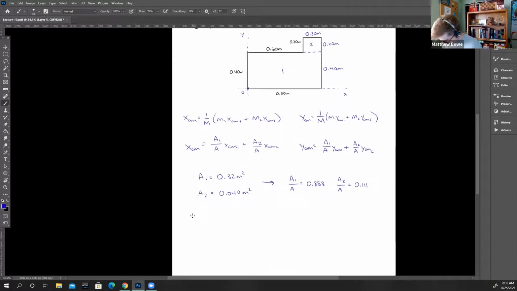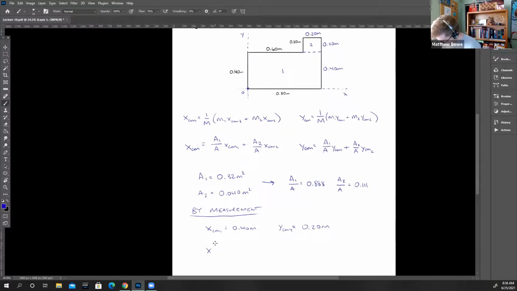By measurement, we get that the center of mass for that first shape in the horizontal direction is 0.4 meters, and the vertical center of mass for the first shape is 0.20 meters.